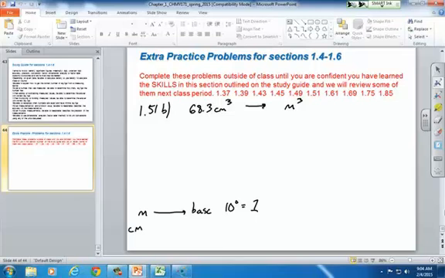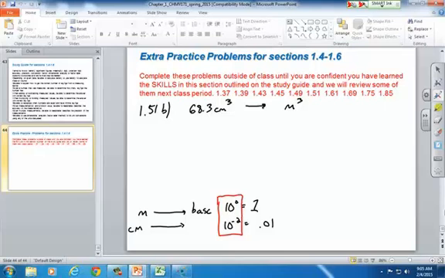And so for centi, that is 10 to the negative second, which you could also express, outside of scientific notation, as 0.01. For me, I think this is easier because all you have to do is look at the power, you don't have to move the decimal some number of places.